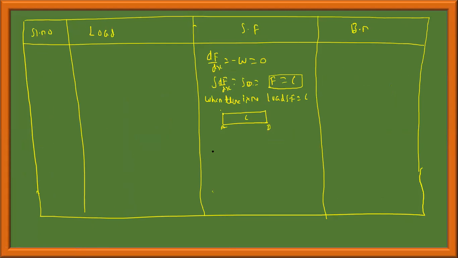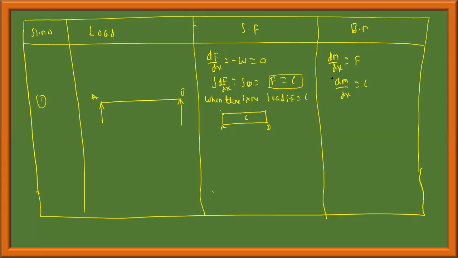Now, when there is no load, shear force is constant, and for the bending moment, we know that dM by dx is equal to F. In this case, shear force we got as constant.